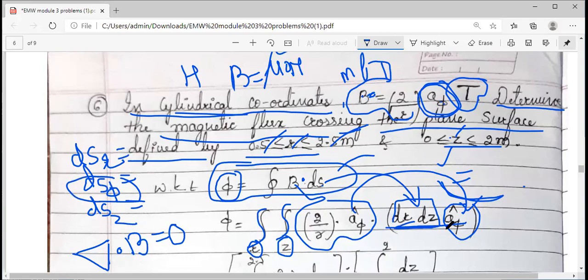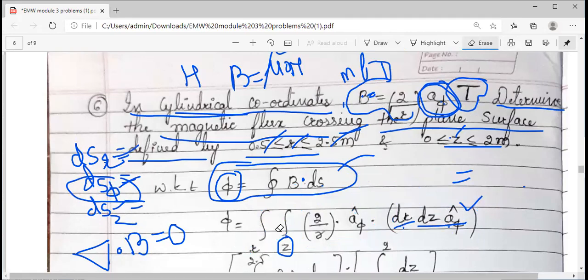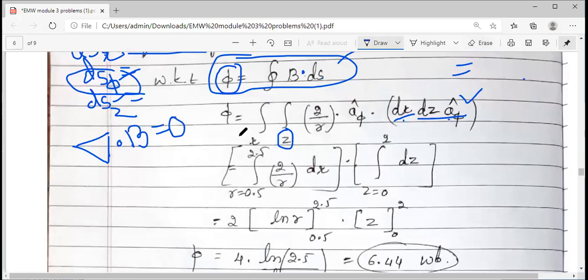So it is dr dz into a phi, and obviously if it is dz, it will cover the other two coordinates, dr and d phi. Taking this, now we need to go for the integration calculation. See, I have taken this r integration with respect to this and this. Remaining, you can see I have clubbed this integration with these r terms.